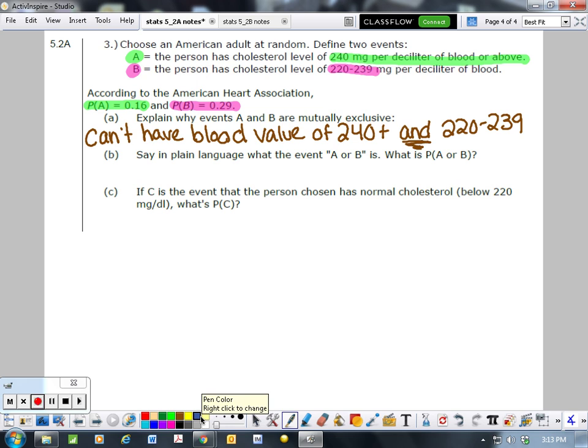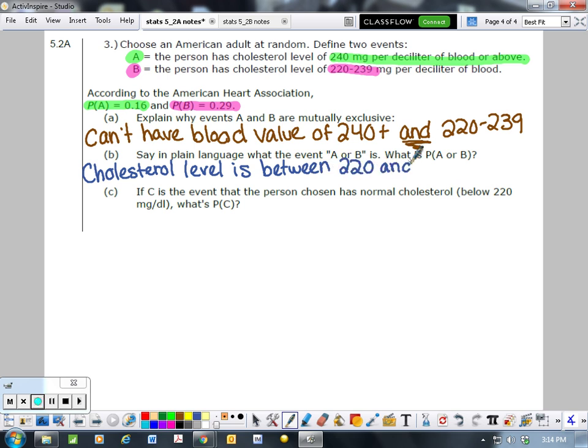So A or B means, if I can spell cholesterol, the cholesterol level is between 220 and 239 or 240 and higher.